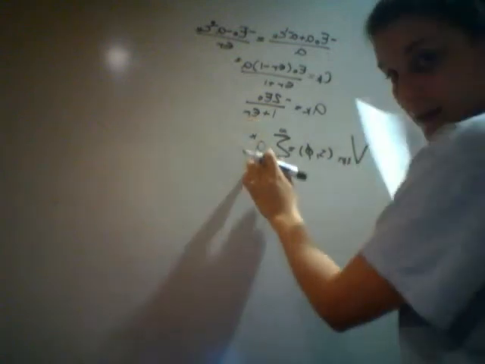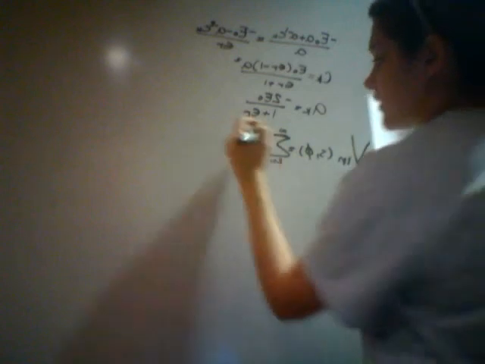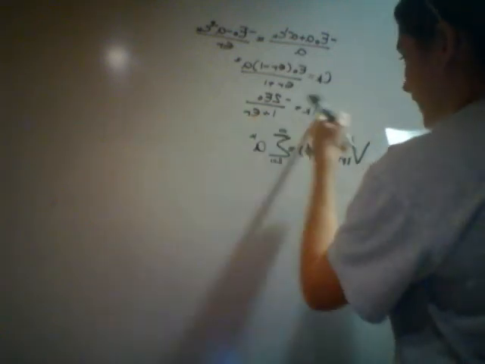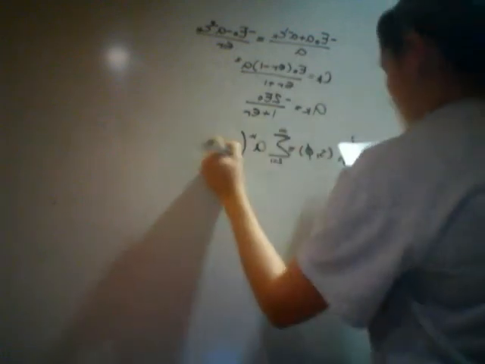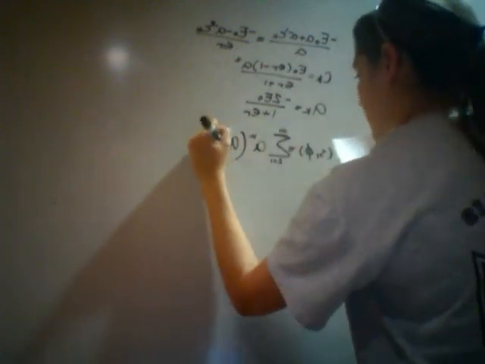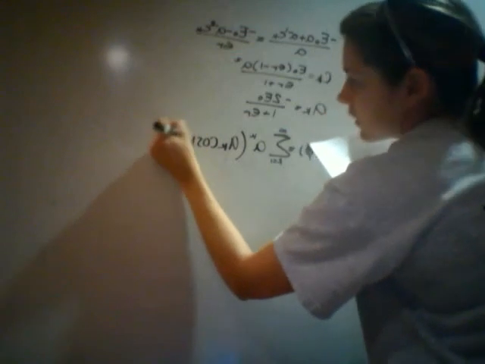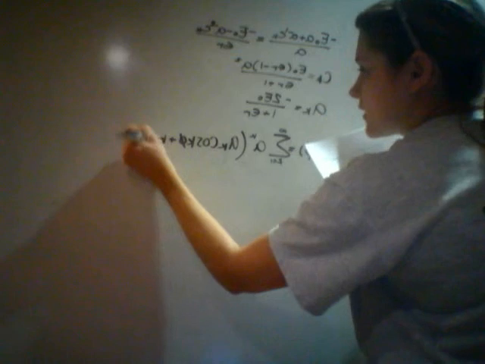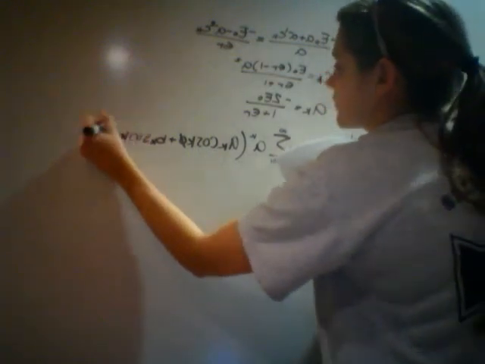Remember, this a is because our radius equals a. It's not the constant that we did. That's a raised to the k, and the constant is just script k, multiplied by ak cosine k phi plus bk sine k phi.